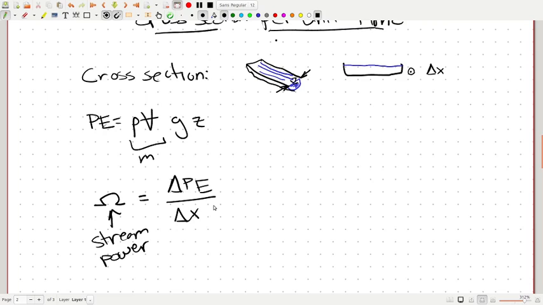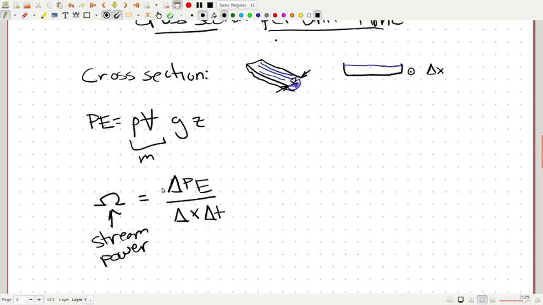Otherwise, if we just say stream power is over some arbitrary distance, the longer the distance we pick, we might get a different change in potential energy. And then over delta t, which is this change in time.